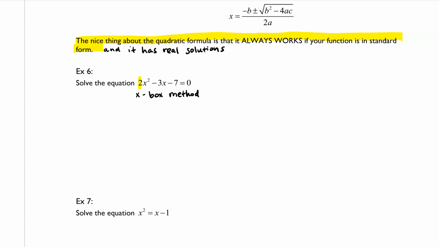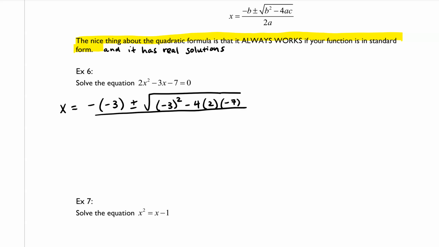And so this illustrates why we're not always able to use factoring methods. However, we are able to always use the quadratic formula. So our values are going to end up being x equals negative b, so our b value is negative 3, plus or minus the square root of negative 3 squared minus 4 times 2, and then our c value is negative 7.